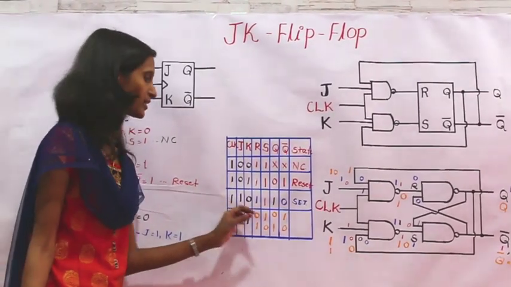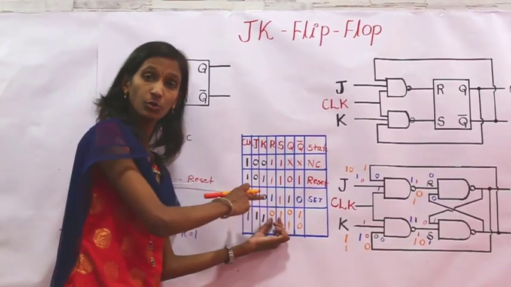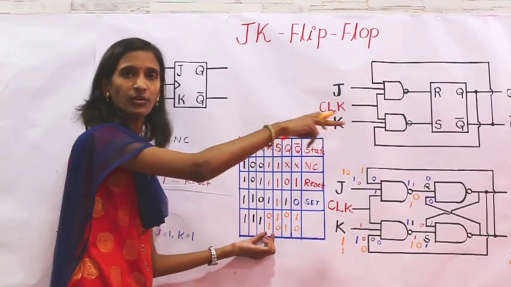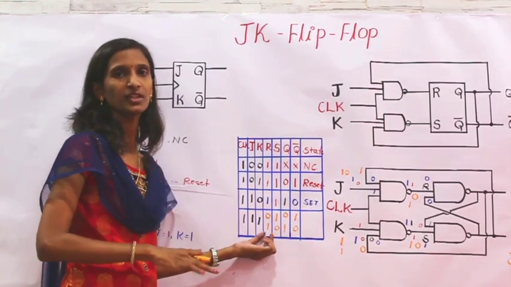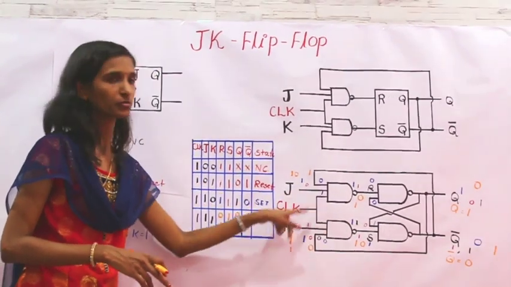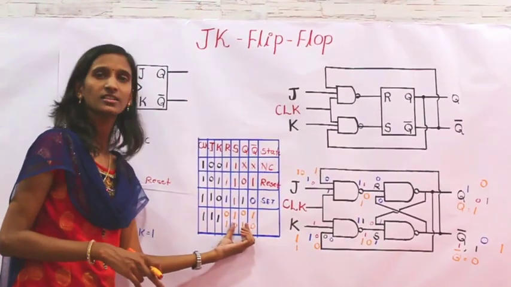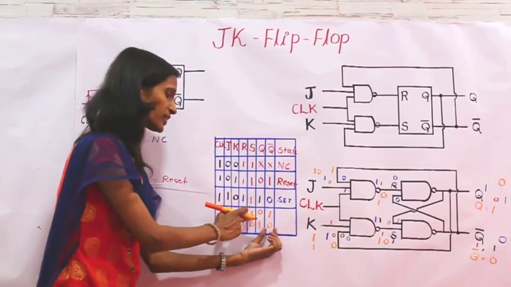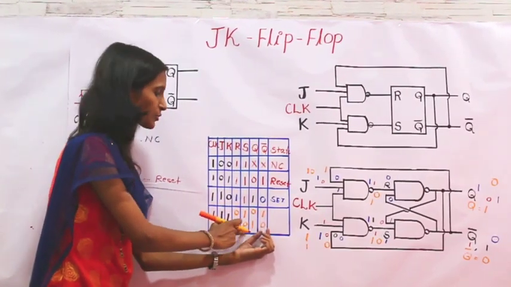In this condition, even though your values of J and K are 1 and 1, the feedback given or assumed condition from these previous states of Q changes, and the output will change accordingly. 0, 1, 0, 1, 0, 1, 0, 1, 0.